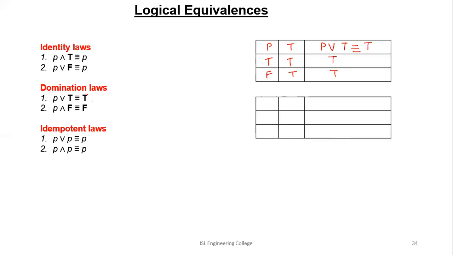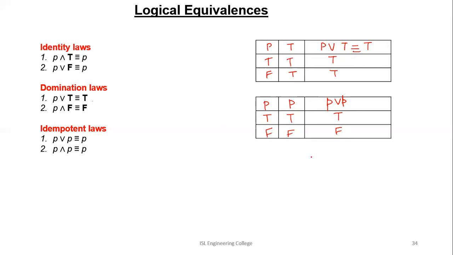Moving on, idempotent laws: P, P, P or P. So over here, true, false, true, false. Now if you OR it, both of them are true, true, and then false. It is the same thing.